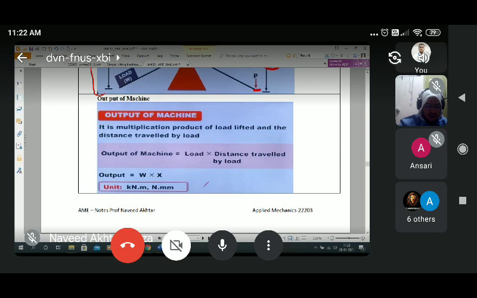That's why we can say that the distance traveled by the load, and the load, is nothing but the work done by the load, and that is the output of your machine. It is generally load W into distance traveled by the load X. So W into X is the output of the machine.